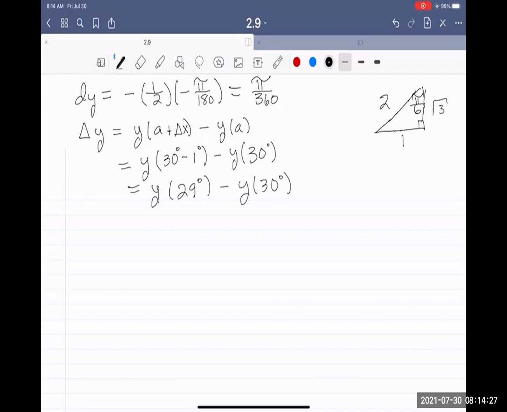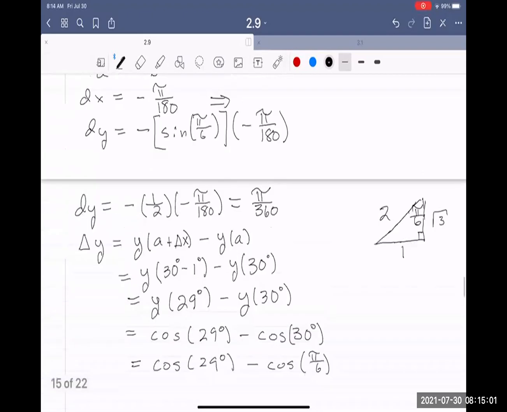So this is cosine of 29 degrees minus cosine of 30 degrees. Cosine of 29 degrees minus the cosine of pi over 6, because we've already done that.